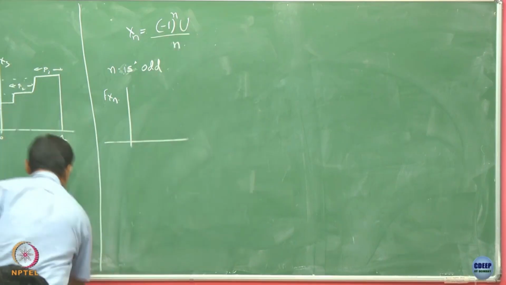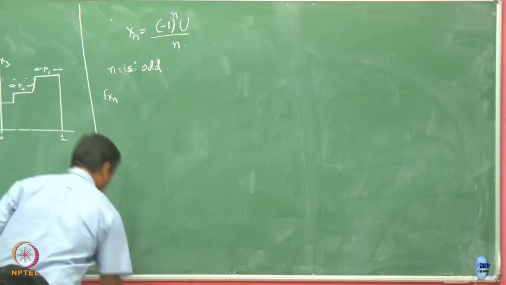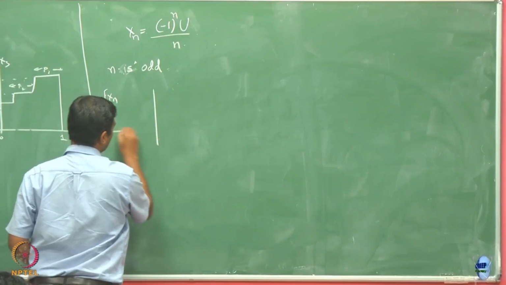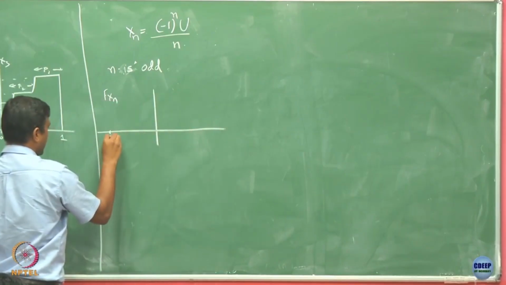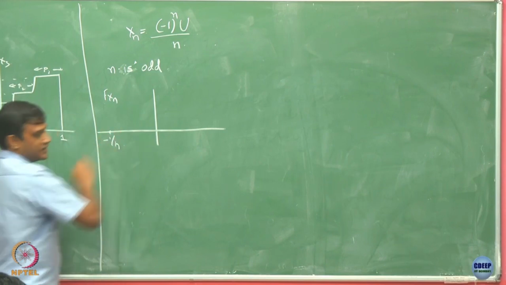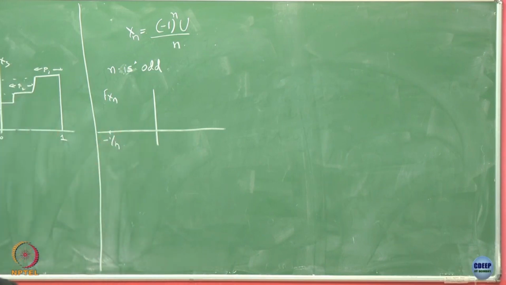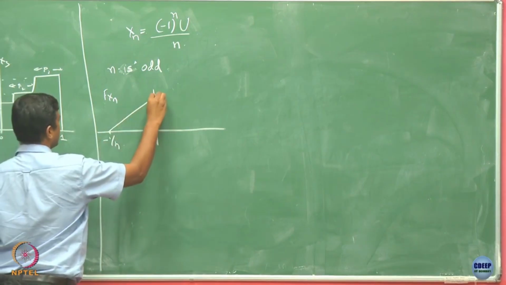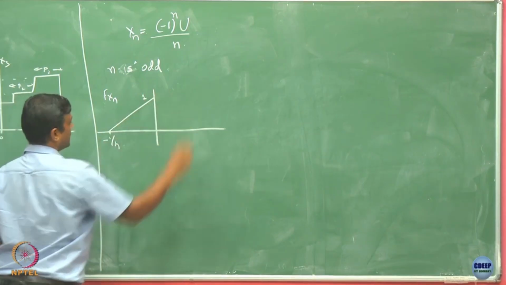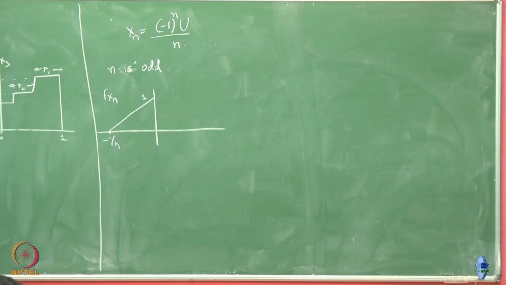So if you look at its CDF, it is going to start from minus 1 by n here, and how does it go? It goes all the way up to here linearly and hits 1 here, right, and then it stays at 1 here.